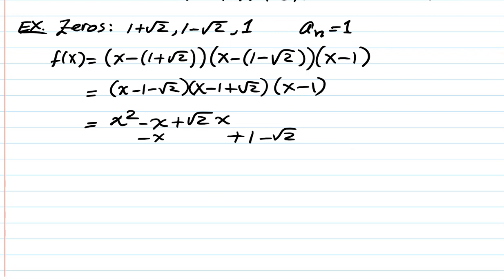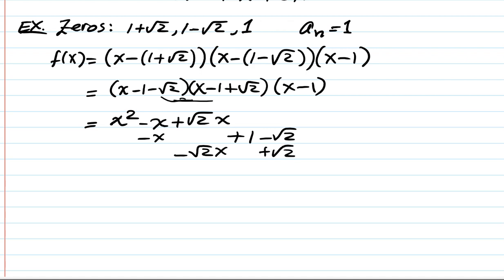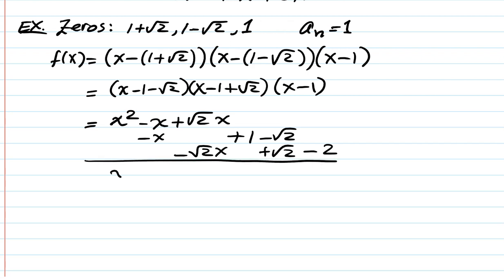Now the next one: negative root 2 times x is negative root 2x. Negative root 2 times negative 1 is positive root 2. Negative root 2 times root 2 is negative square root of 4, which is just 2. Now I can add these in columns. I get x squared, these are opposites, negative 2x minus 1.